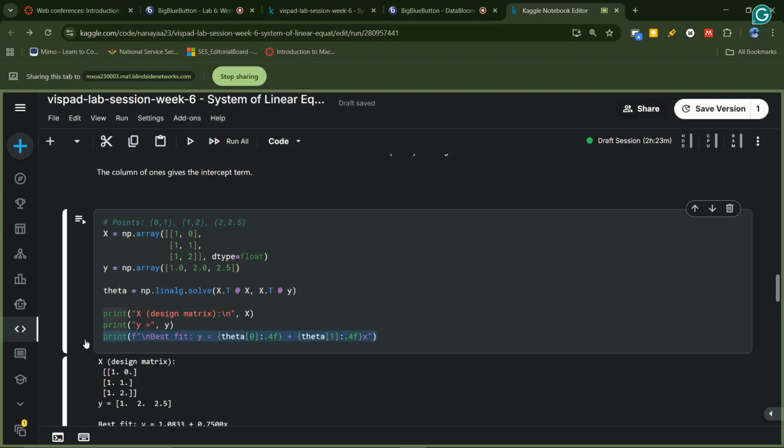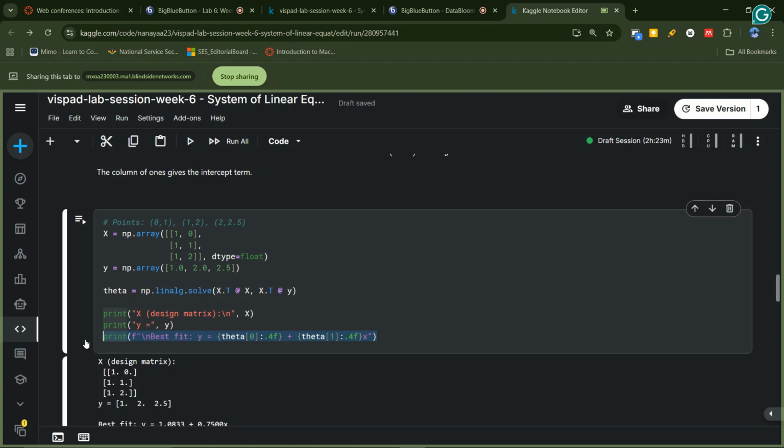Remember, if we have two vectors, theta naught, theta 1, position in the pattern matters the most, right? So then we pick the name, that is theta, square brackets, position 0. What is our position 0? Obviously, the element at position 0 is theta naught, and the element at position 1 is theta 1.